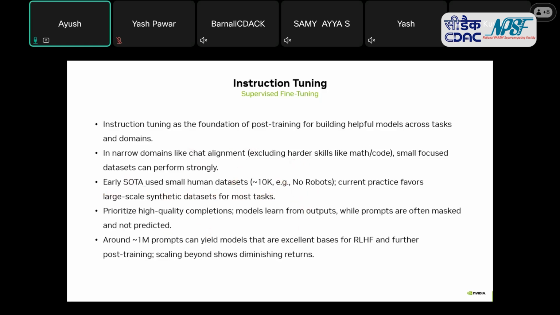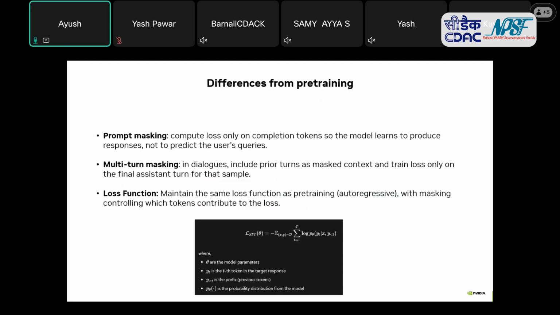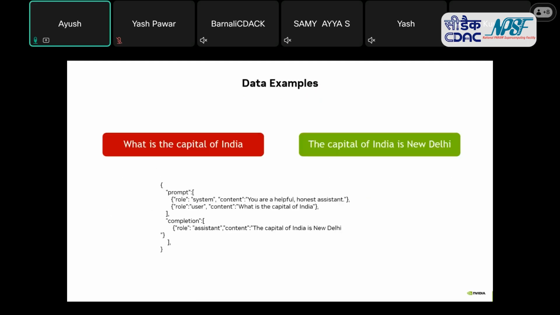Now I'll give you an idea of what instructions look like. This is how the data for instruction fine-tuning is created. Let's say you ask, what is the capital of India? That is your query, the prompt, and the answer is: the capital of India is New Delhi.